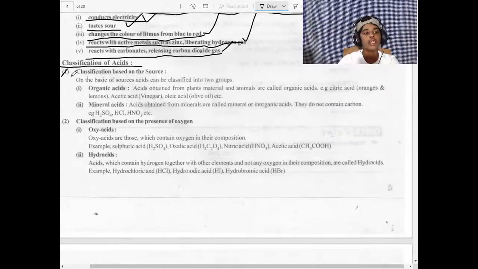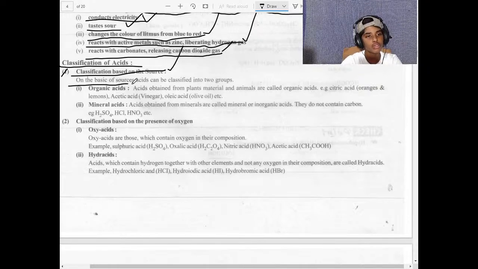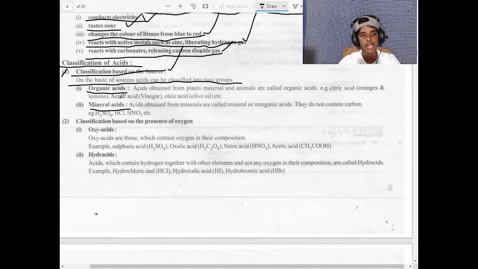First one, classification based on the source. On the basis of source, acids can be classified into two groups: organic acids and mineral acids. First, organic acids. Acids obtained from plant material and animals are called organic acids.